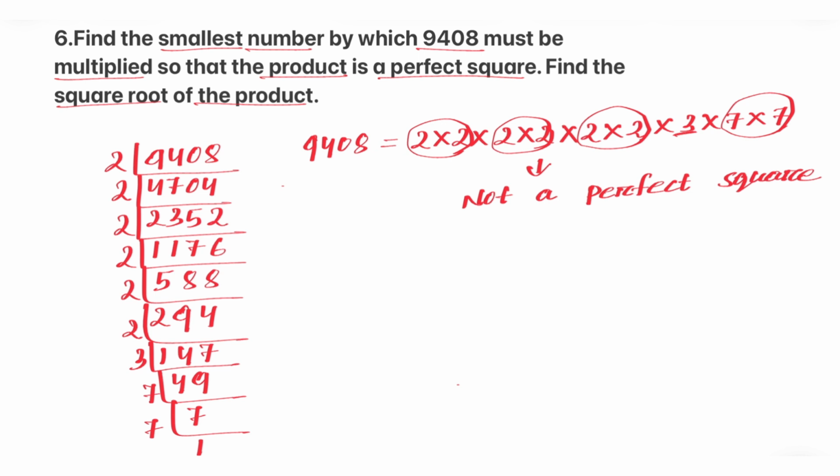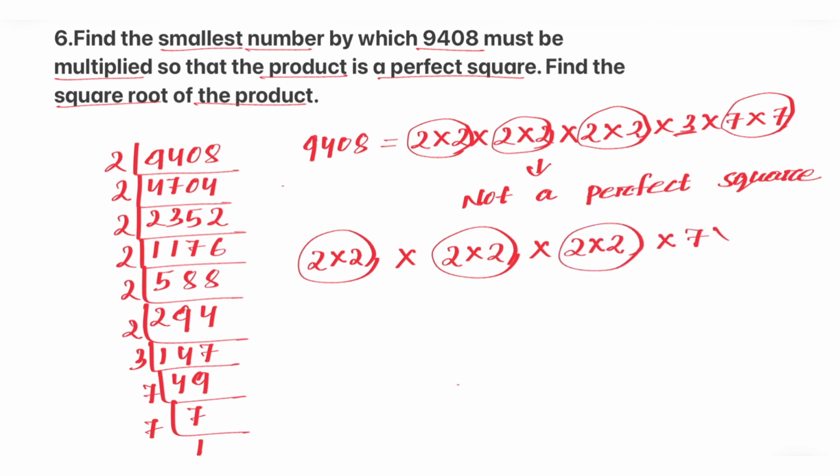Now we will find the smallest number which must be multiplied with 9408 to get a perfect square. As 3 is not paired up, we will pair it up by multiplying one more 3. So 3 is the smallest number which must be multiplied with 9408 to get a perfect square.